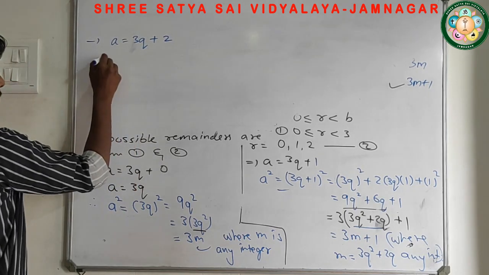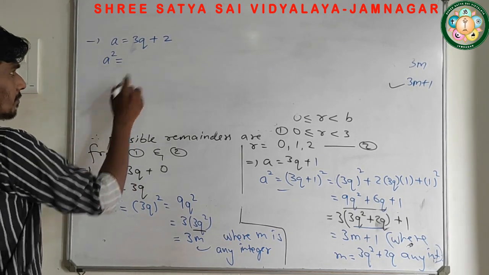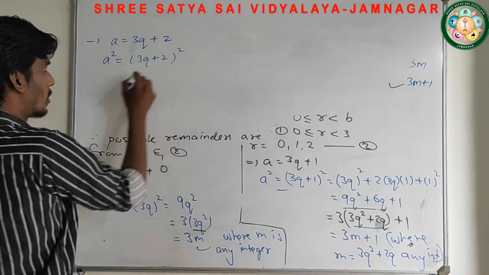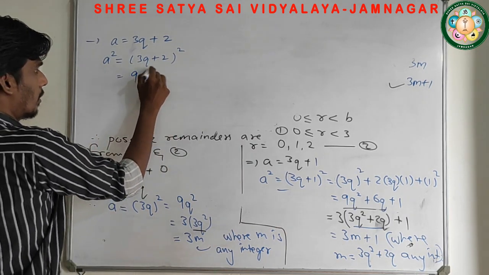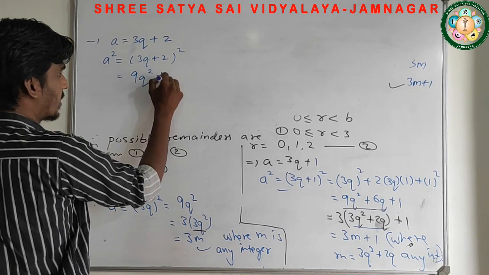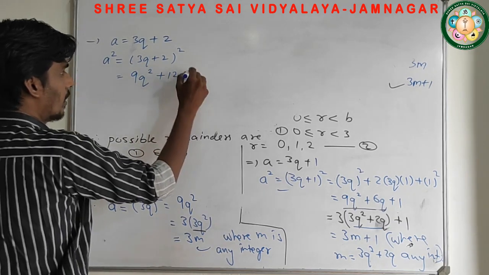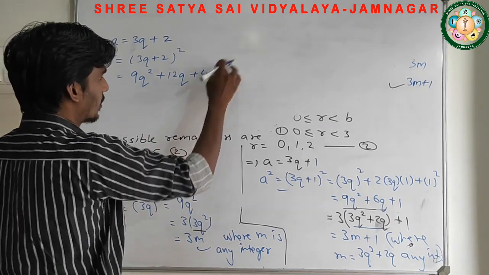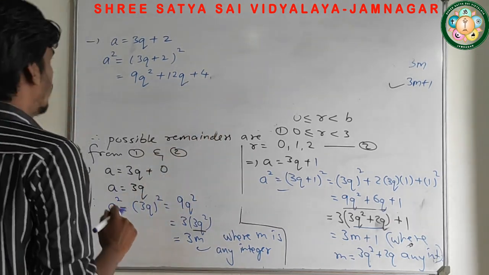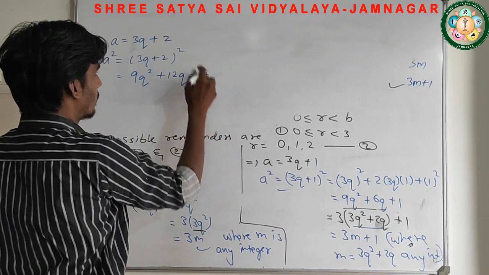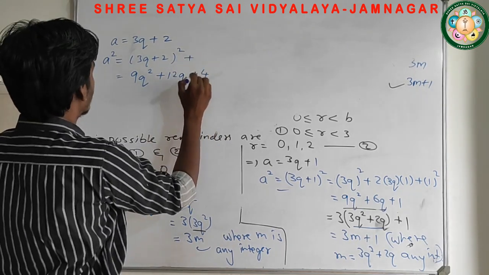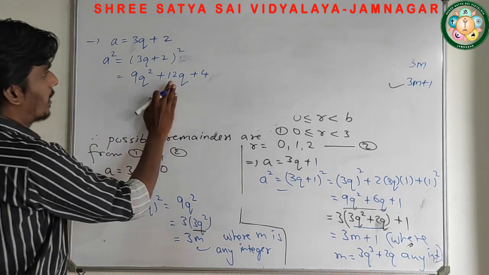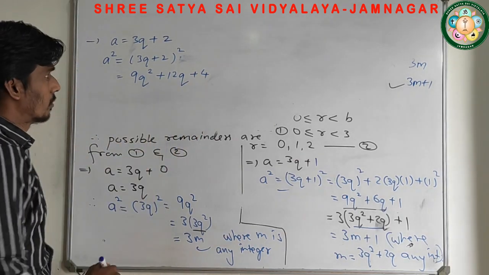Squaring both the sides, a square is 3q plus 2 whole square, so this is 9q square, 3 2s are 6, 6 plus it's 12q, 4 plus, that's it, plus this 2. So this much I got, 9q square plus 12q plus 4.